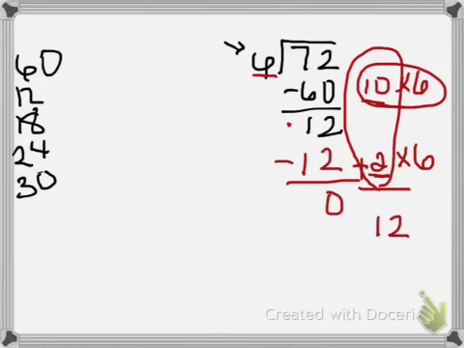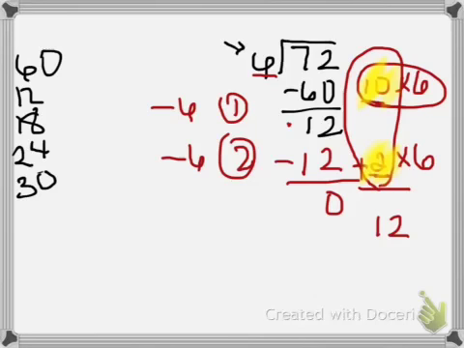Either way works. Just make sure that they're responsible for how many times that number went in there with this 10 and the 2, or keeping track with the minus 6 each time, writing down how many times they subtracted it.